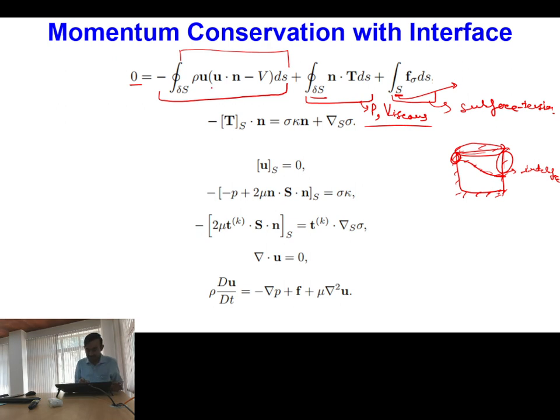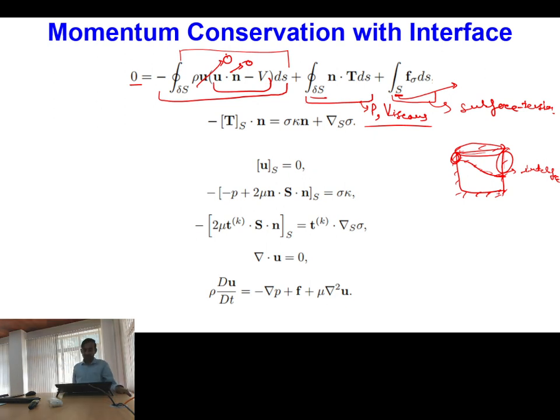Okay, so because of this the entire term will be 0. So let's consider that we don't have any phase change or reacting flow, then this term will be equal to 0. Then advection of momentum across the interface because of the transfer of fluid across the interface is equal to 0.